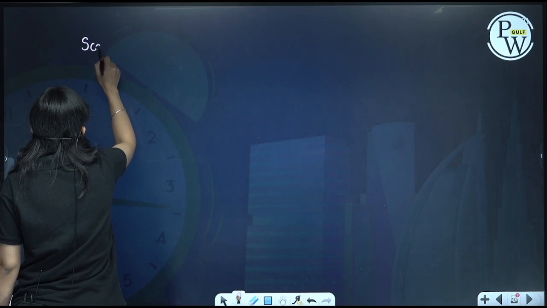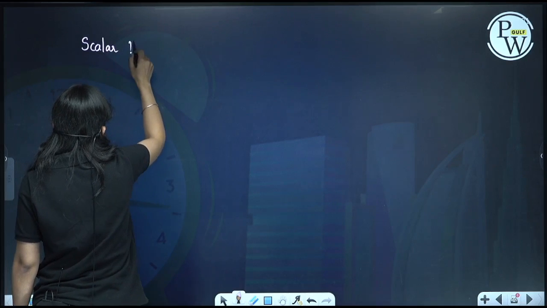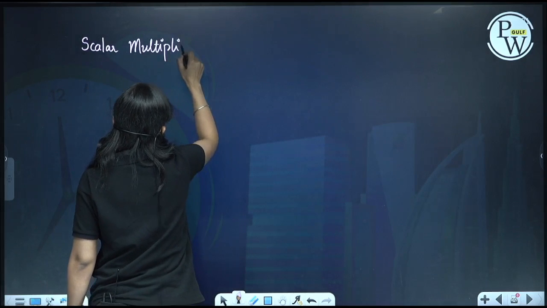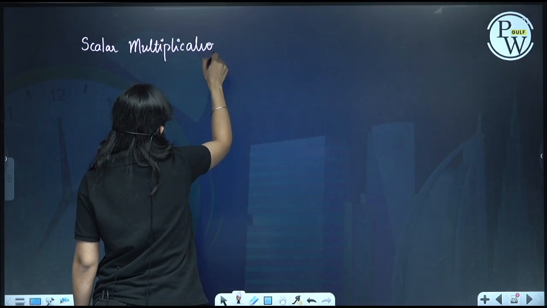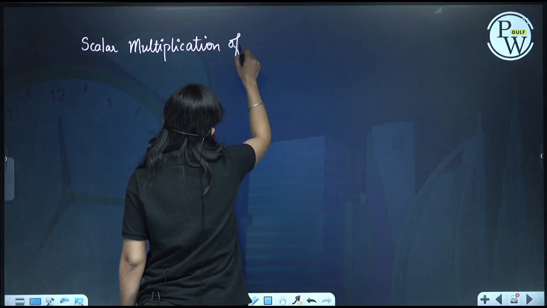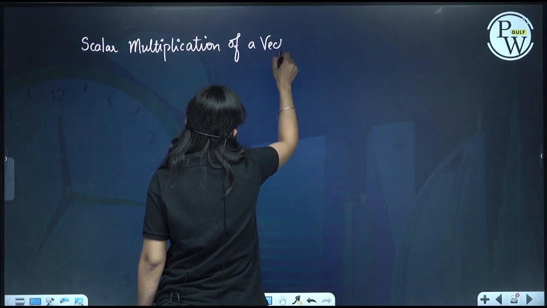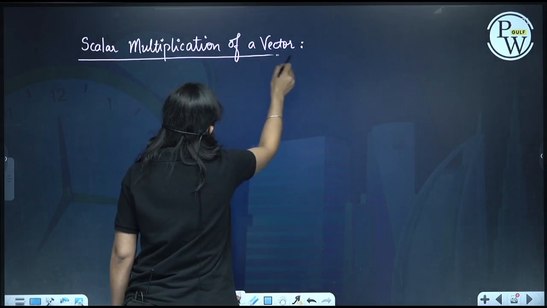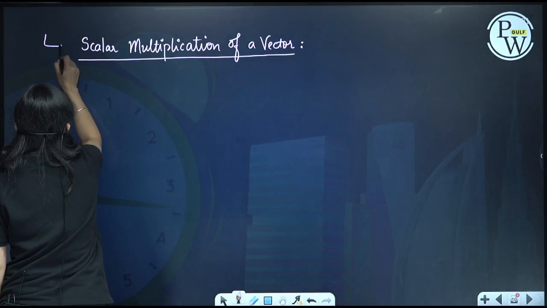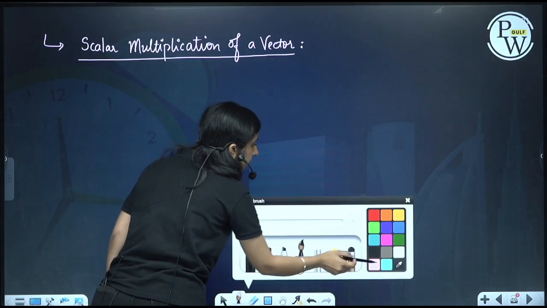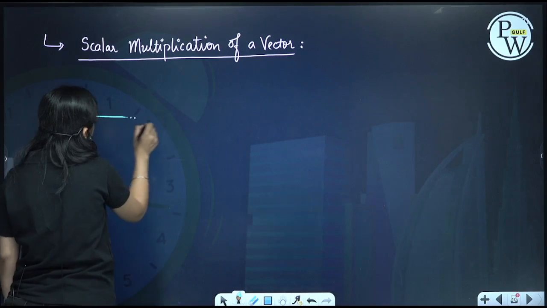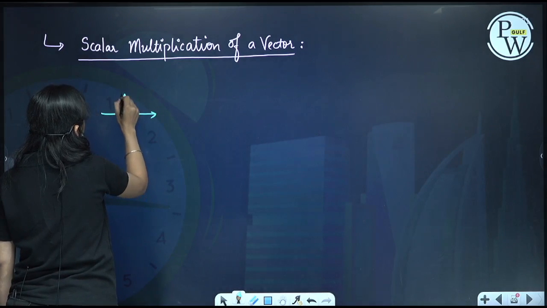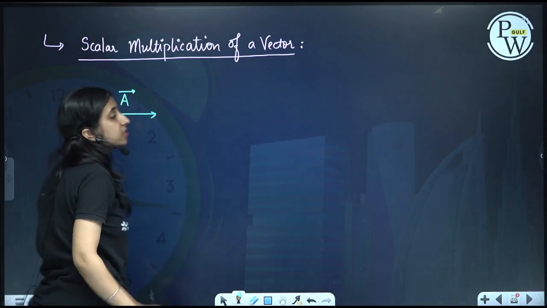Scalar multiplication of a vector. Now see, if I have a vector like this, this is my a vector.